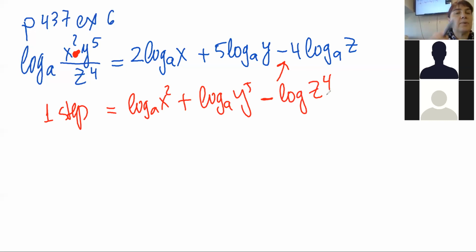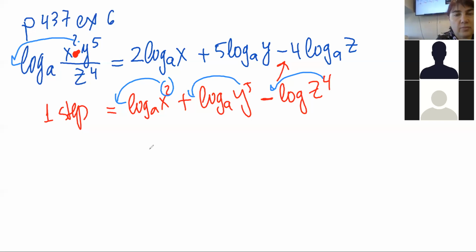Yes, first, because you can take the exponents only if you have a single logarithm, right? If there were more, you cannot, because this 2 is only for the x, it is not for the 5. So we're going to put them back.